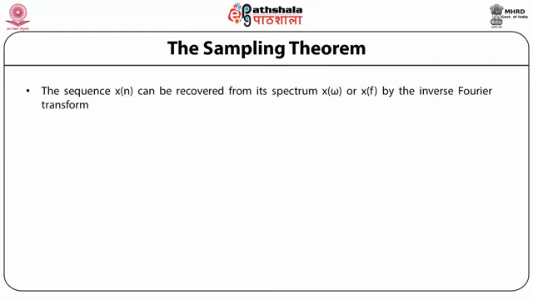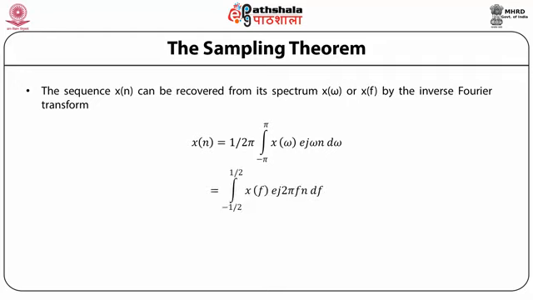So the sequence x(n) can be recovered from its spectrum X(omega) or X(f) by the inverse Fourier transform, that is x(n) equal to 1 by 2 pi multiplied by integral minus pi to pi over X(omega) exponential j omega n d omega. This is equal to integral minus half to half X(f) exponential j2 pi fn df, where omega is varying from minus pi to pi and f is varying from minus half to half.